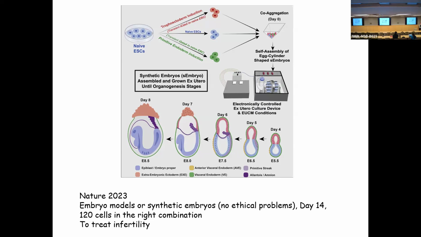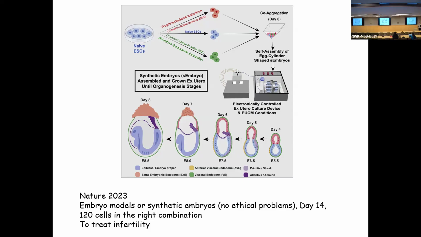And what is the advantage of that? The advantage is that you can't think of manipulating human embryos for these experiments, but it's a synthetic embryo. There's no regulation. There's no embryo there. This is an embryo-like. So you could grow this embryo even past potential implantation.